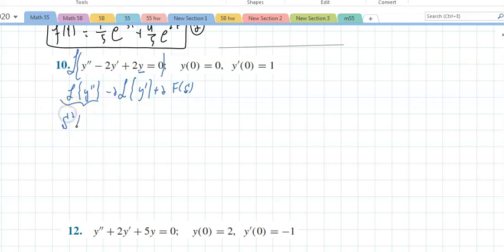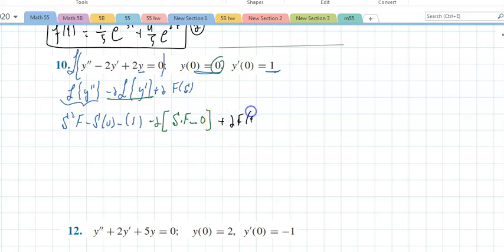This right here is going to give me a few things. That's going to give me s squared F minus s times y of 0, which is 0, minus y prime, which is a 1. Got it. This piece is going to be minus 2 times Laplace applied on y prime, which is simply s times F minus F of 0, that's a 0, plus twice F of s.